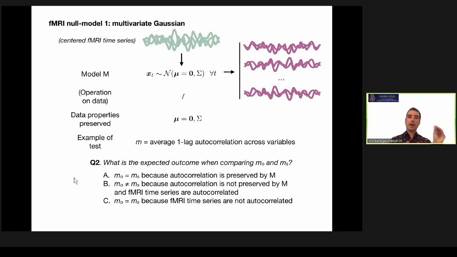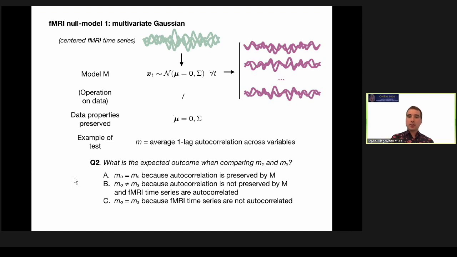Will it be that MO is equal to MS because autocorrelation is preserved by M? Is it that MO is different from MS because autocorrelation is not preserved by M and fMRI time series are autocorrelated? Or is it that MO is expected to be equal to MS because fMRI time series are not autocorrelated?